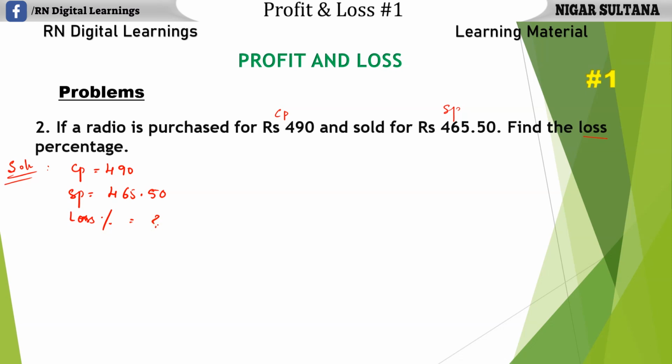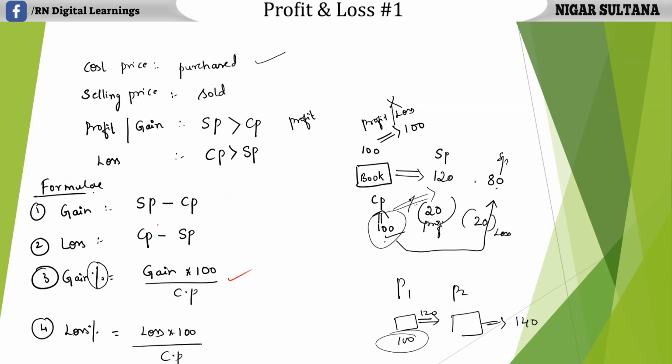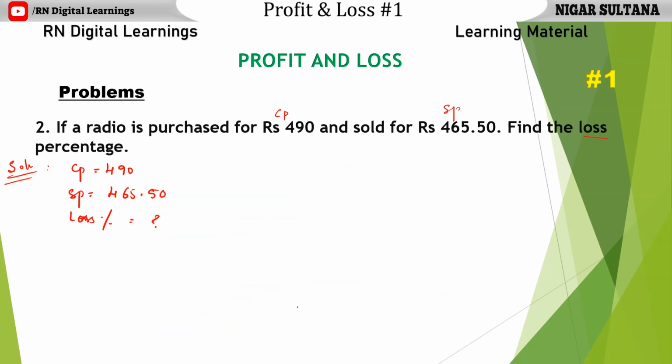Now let's check which formula we are going to use. For the loss percentage, we are going to use the fourth formula. Let's implement it. The formula for loss percentage is loss into 100 divided by cost price.